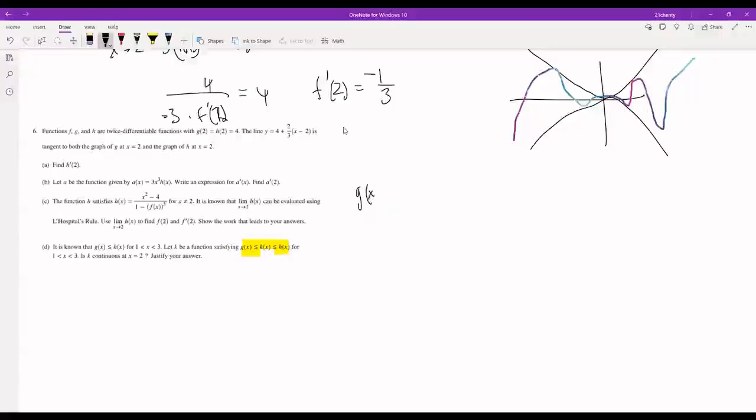G of x is less than h of x on this interval. And less than or equal to. Which means, so this is like saying this is g of x, this is h of x.